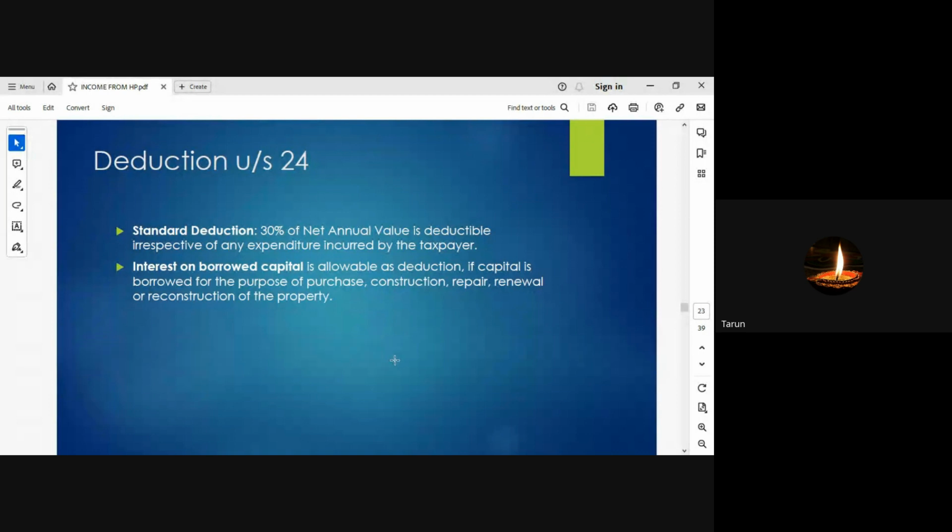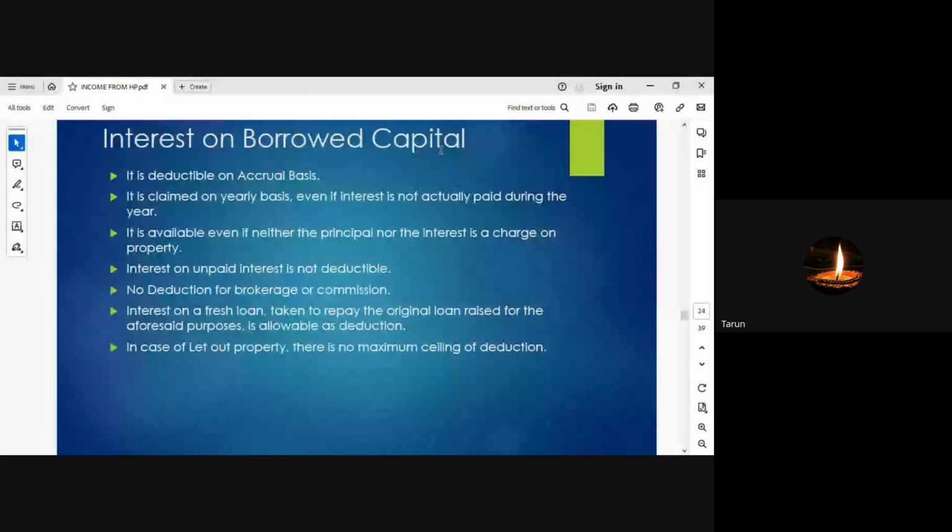Now, regarding interest on borrowed capital, these are the notes to be followed. It is deductible on accrual basis. Interest rates fluctuate every year, right? So accordingly, that interest rate needs to be considered to estimate the borrowed interest value. It is claimed on a yearly basis, even if the interest is not actually paid during the year.